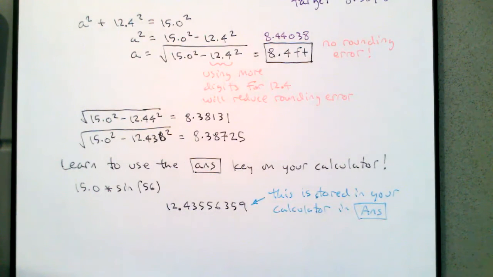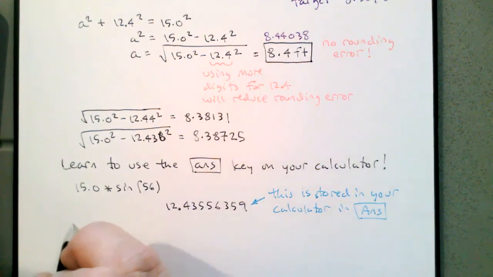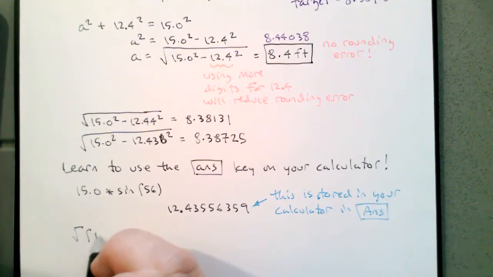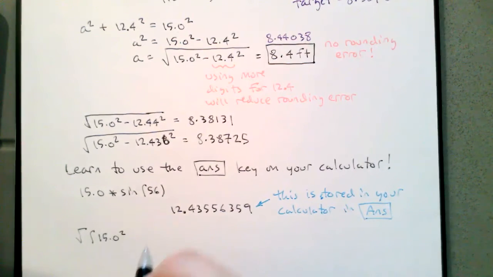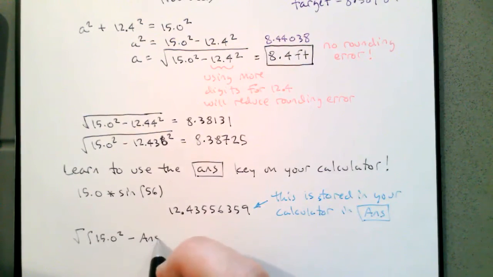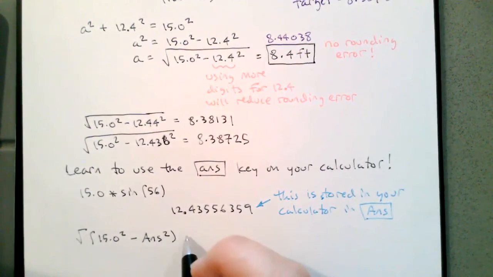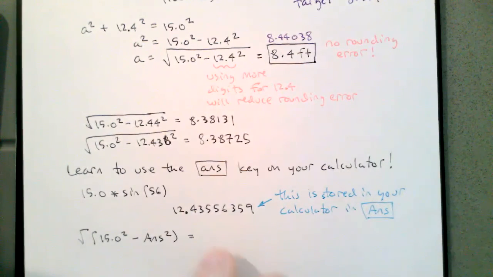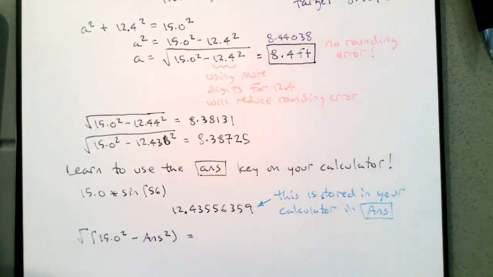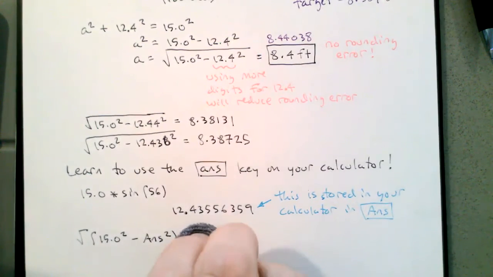But right now, we've got the 12.43556359 on our calculator. So instead of typing out that whole number, I'm just going to type as the next thing the square root of 15.0 squared minus ANS squared, and then equals. There's actually not an equal button on our calculator, so I'm going to hit enter.